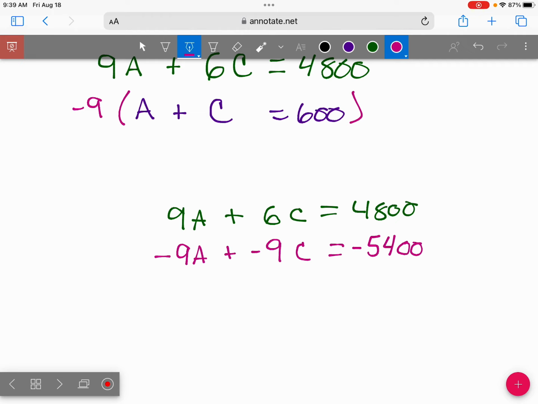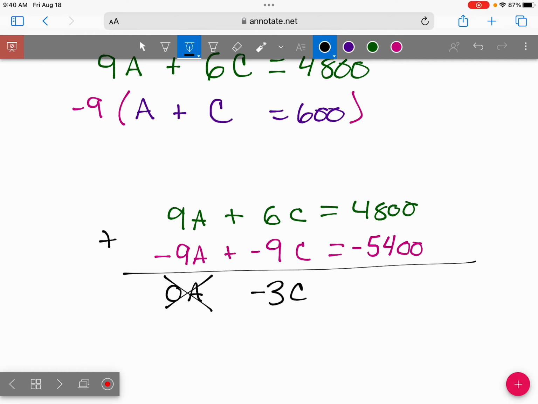Now that I have the same number with the opposite sign on one of my variables, we can smash them together. Old school addition in columns. 9a plus negative 9a gives me 0 a's. That's what we wanted. That cancels out. 6c plus negative 9c, negative 3c.